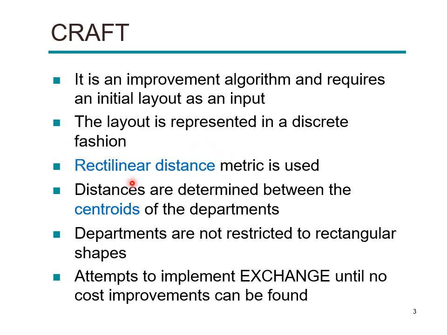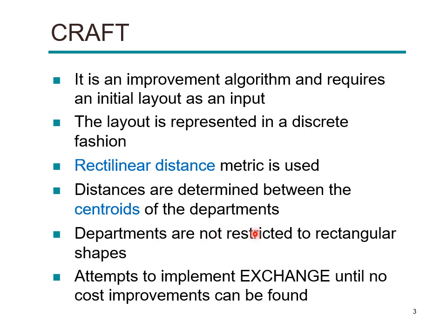The distance is measured in terms of rectilinear distance, and the distance between the departments is measured from the centroid of one department to the centroid of the other department. It means that you first need to find the centroid of the departments and then calculate the distance between them using the rectilinear distance.